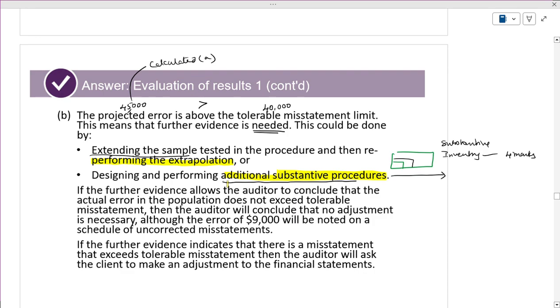If further evidence allows the auditor to conclude that the actual error in the population does not exceed the tolerable limit, then the auditor will conclude that no adjustment is necessary.